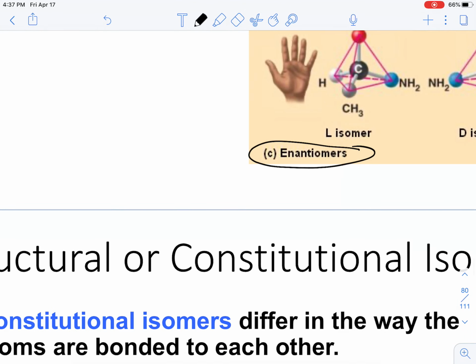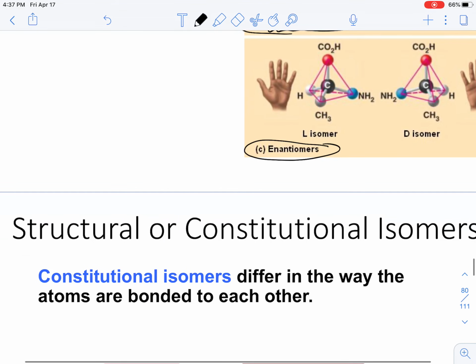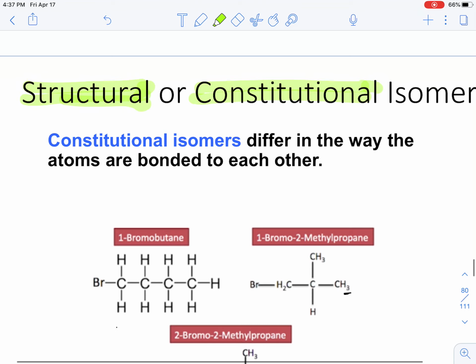Another name for structural isomers is constitutional isomers. Whenever you come across constitutional or structural, they're both referring to the same definition. They're synonymous with each other, and they're basically communicating to you that these organic compounds have the same chemical formula, but their structural arrangement is different.